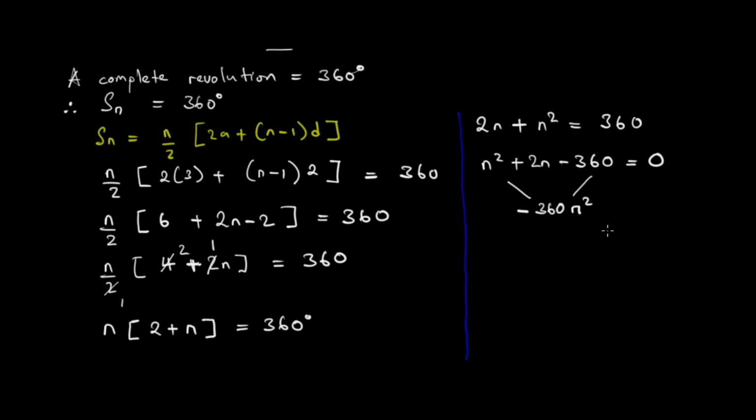Apapo ndo patachigona kukanganiswa. So we need two numbers. We multiply to get minus 360 n squared, but we add them to get 2. What are these two numbers?